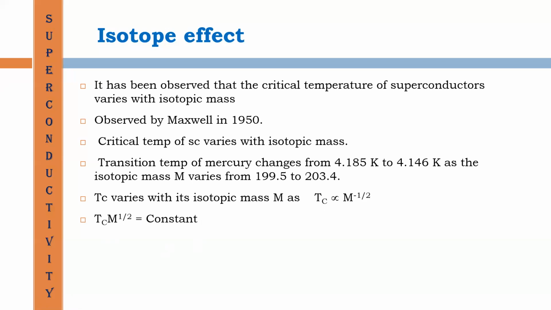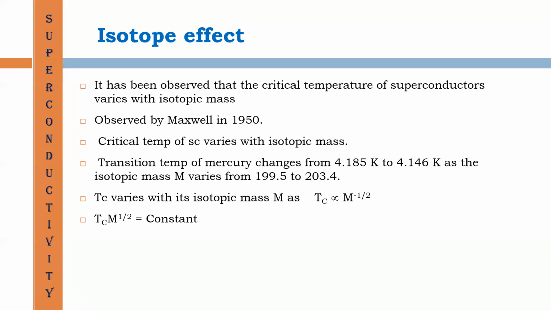In many previous years, question papers contain problems related to this mercury example. When the isotopic mass of mercury increases from 199.5 to 203, what change occurs in the transition temperature of mercury at 4.185 Kelvin?